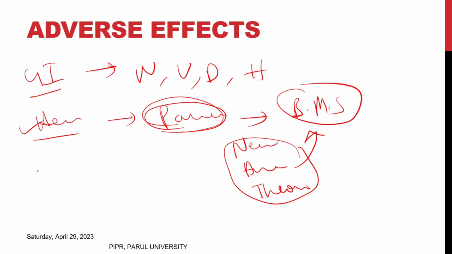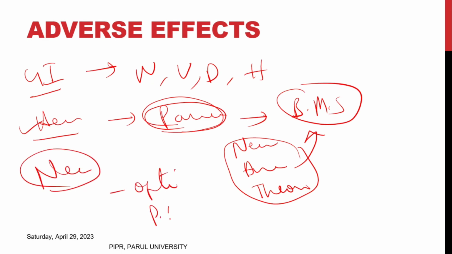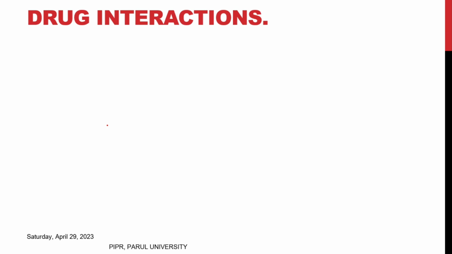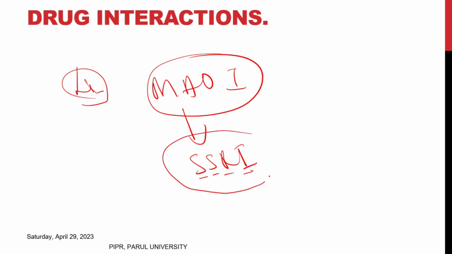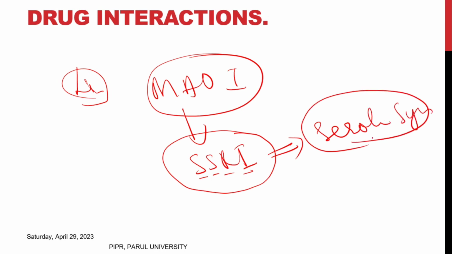Some neurological adverse effects are also seen. It causes optic neuritis and also peripheral neuropathy due to long-term use of linezolid. In drug interactions, one important point we have to remember: as linezolid is an MAO inhibitor, when it is given along with SSRIs, selective serotonin reuptake inhibitors, it will induce serotonin syndrome, a very important condition.